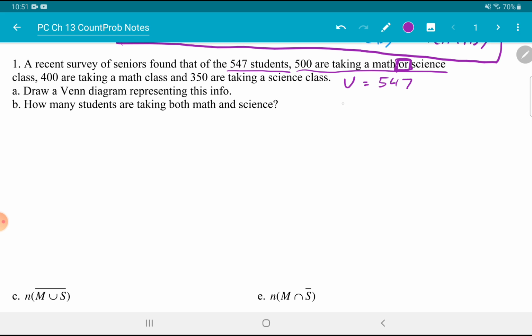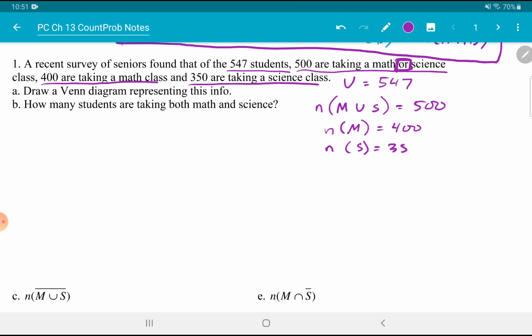So because of that, I'm going to say with my notation, the number of students taking math or science, okay, so that there's our union symbol, is equal to 500. We also know 400 are taking math, so the number of students taking math is 400. And also 350 are taking science, so the number of students taking science is 350.